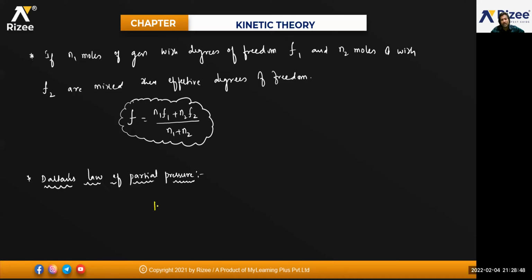The total pressure is P equals P1 plus P2 plus P3 and so on up to Pn, whatever the number of gases you take.